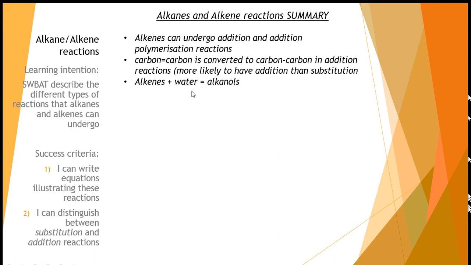When you have alkenes in water, it breaks up into a hydroxyl group and it gives you an alkanol. An alkene in chlorine or bromine gives you chloroalkanes or bromoalkanes. Now when you have multiple alkene monomers and you join them together in the presence of a catalyst, you can form polymers.